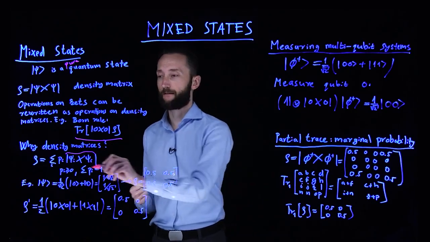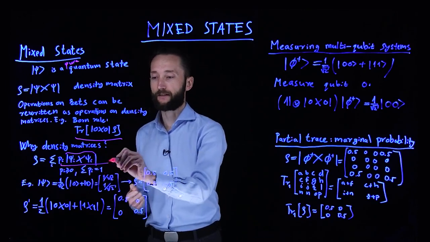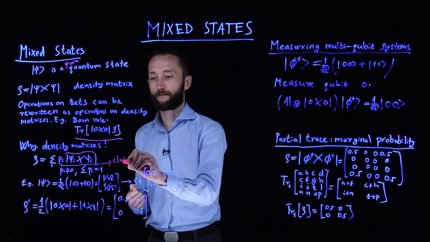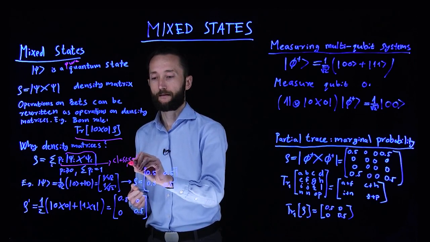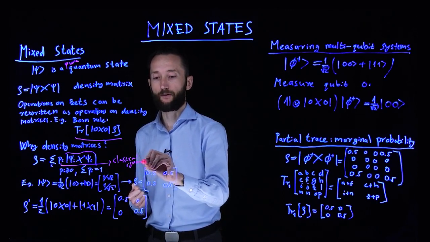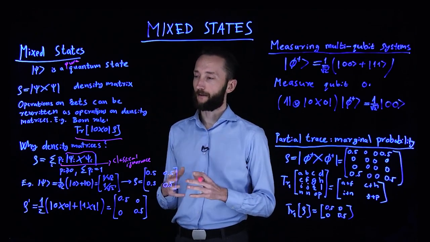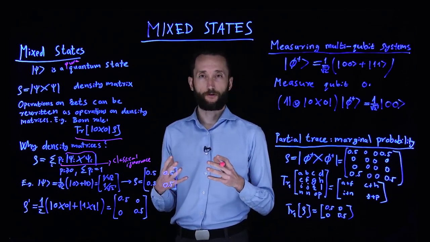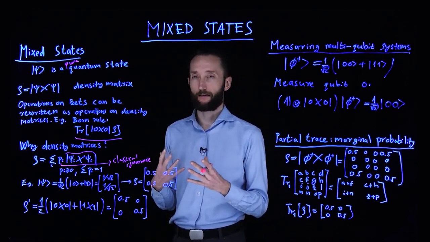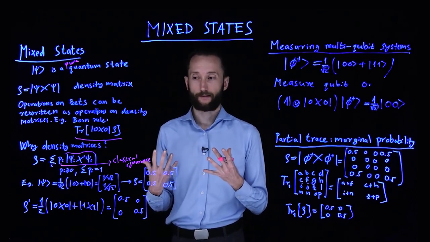So this is classical ignorance. This is something that we don't know about the underlying quantum system. And if we use this formalism, now we can introduce noise and start making these noisy, imperfect quantum states.